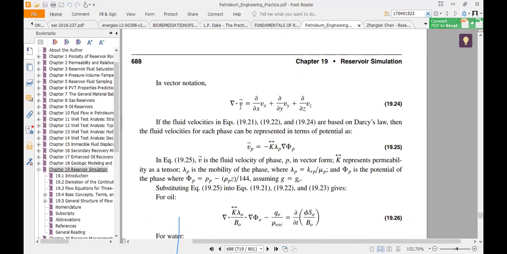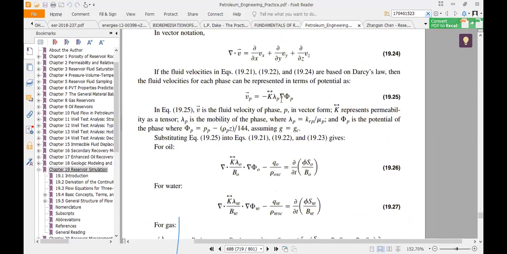Fine. So the fluid velocity term can be broken down further by introducing Darcy's law. If you recall what we did when we wanted to derive the diffusivity equation, we needed a continuity equation, we needed an equation of flow, and then we needed an equation of state.